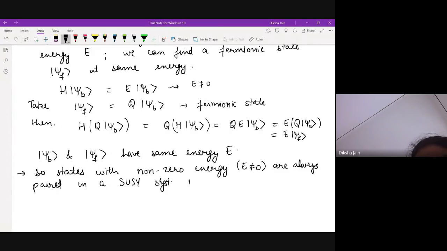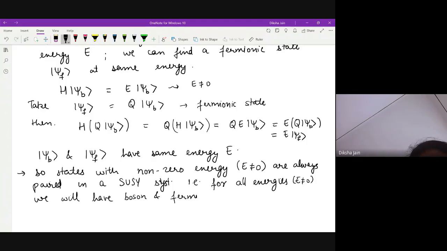That is, for all energies we will have bosons and fermions. So for energy E we will have a boson and a fermion.